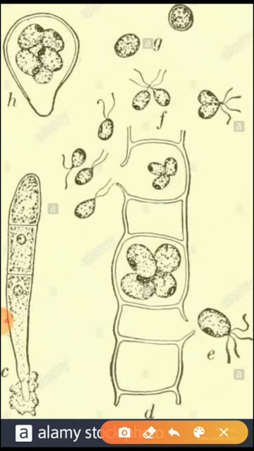In these organisms, we can see which type of spore? Zoospore. It is a motile flagellated spore produced inside the zoosporangia. Zoosporangia are the structures where the formation of this zoospore takes place. Is it clear?